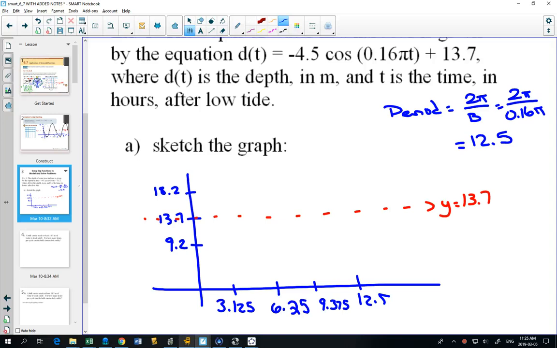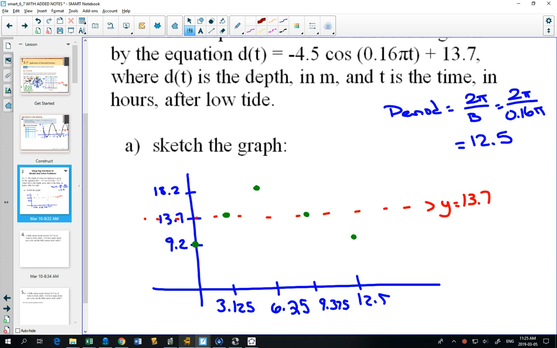This is a cosine graph. A cosine graph normally starts at a maximum, but there's a negative in front, so it's a negative cosine graph, and a negative cosine graph starts at a minimum. And once you know where it starts, you just have to hop minimum to center line to maximum to center line to minimum.